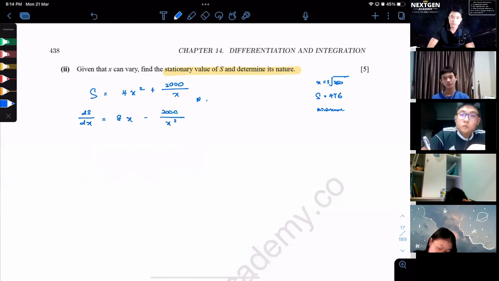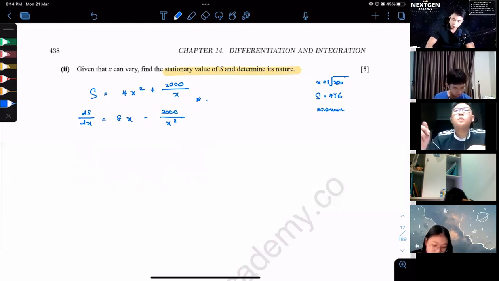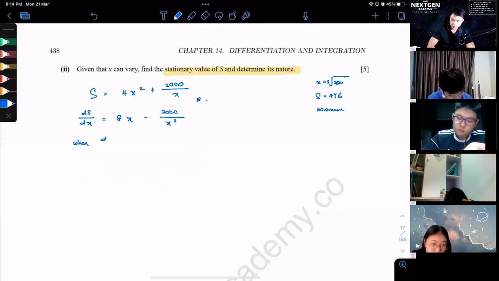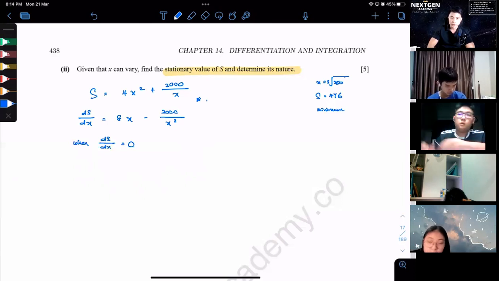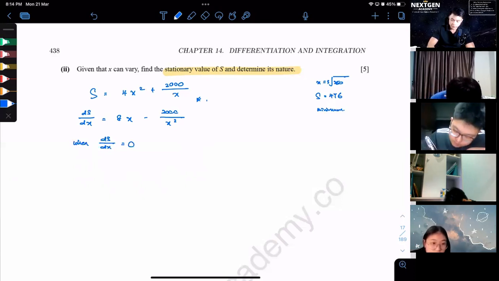How I know this one? Because I already do so many questions, I can see it's actually x to the power negative 1. So you can go and check, change it to x to the power negative 1 first also can. So when ds over dx equals to 0, I want to find the stationary point.